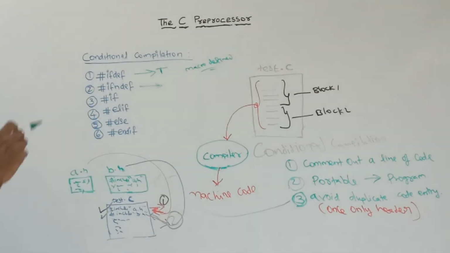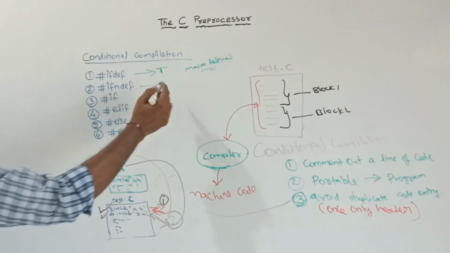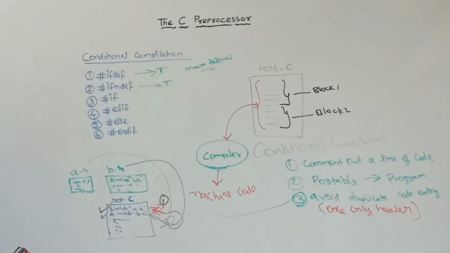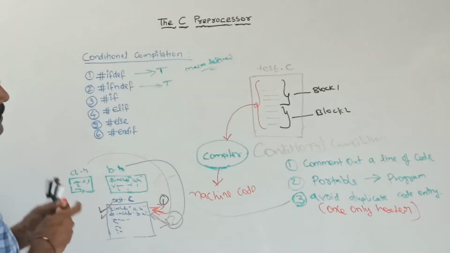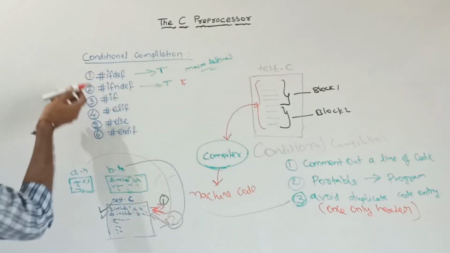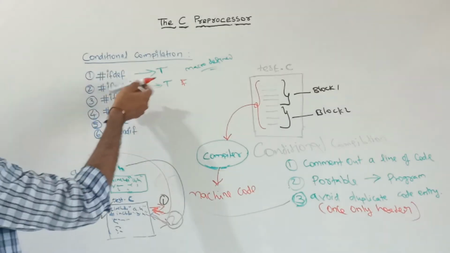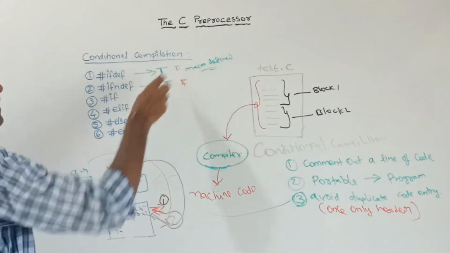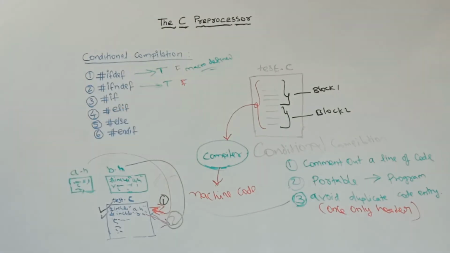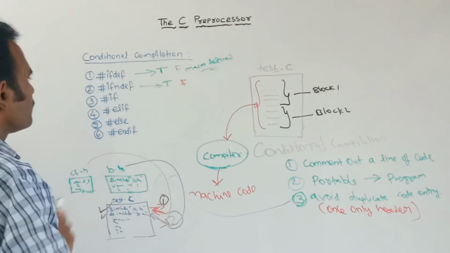Here, if the macro is not defined, then the condition will be true. If the macro is defined, then the condition will be false. So this is opposite to the ifdef, that is ifndef. For ifdef the macro should be defined, and for ifndef the macro should not be defined.